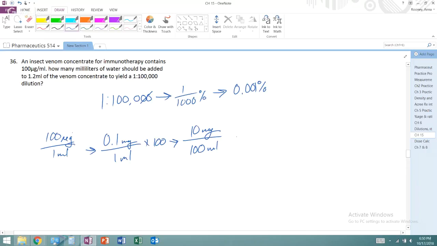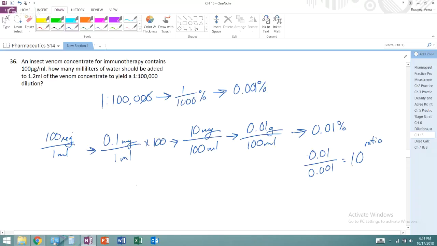And then that is 0.01 grams for every 100 mLs, which is 0.01%. Now if we took 0.01 divided by 0.001, you would find that that's 10. So that is our ratio.